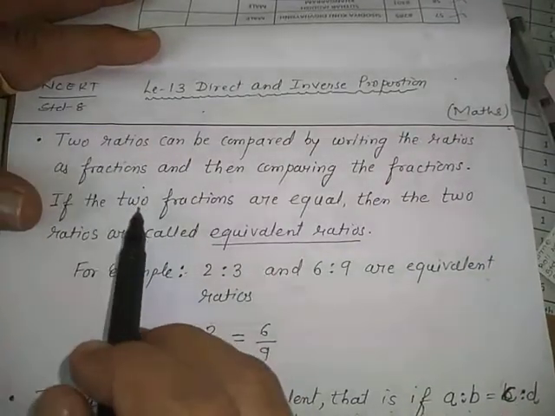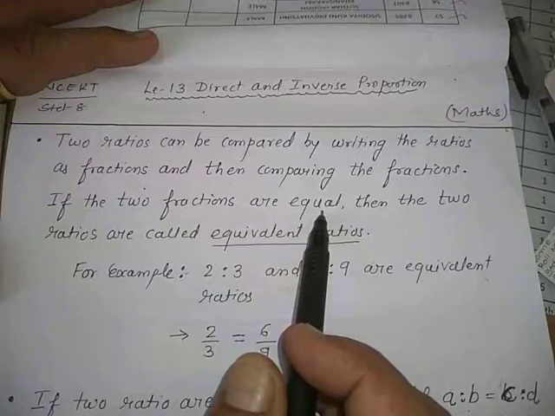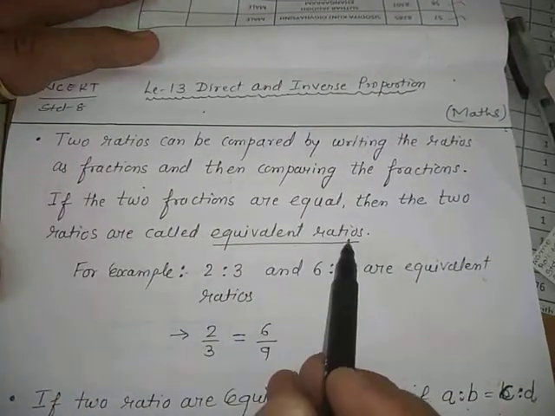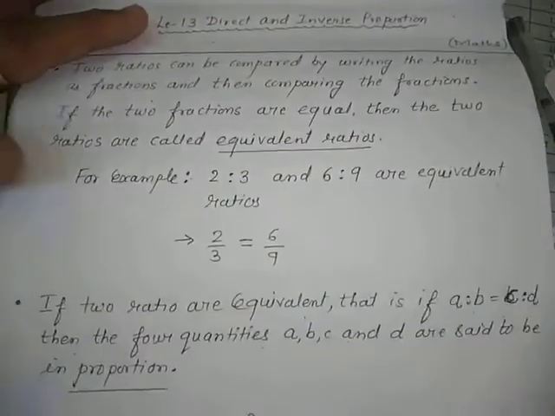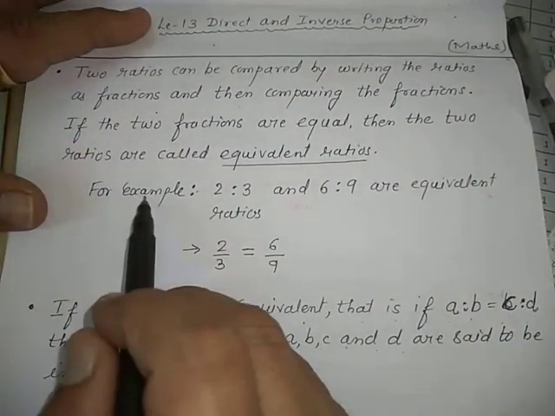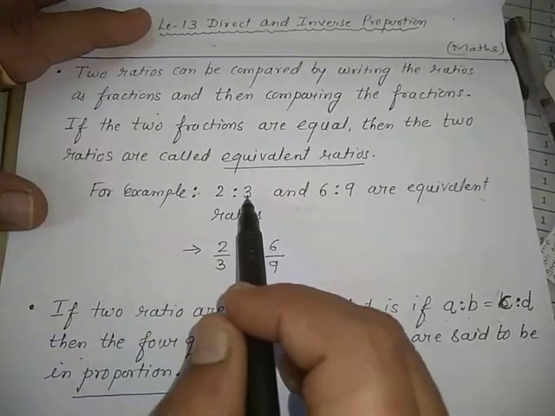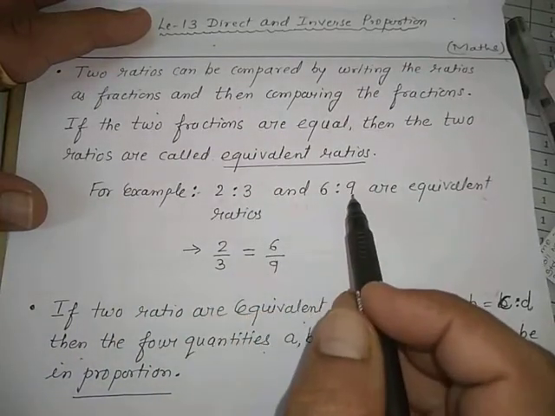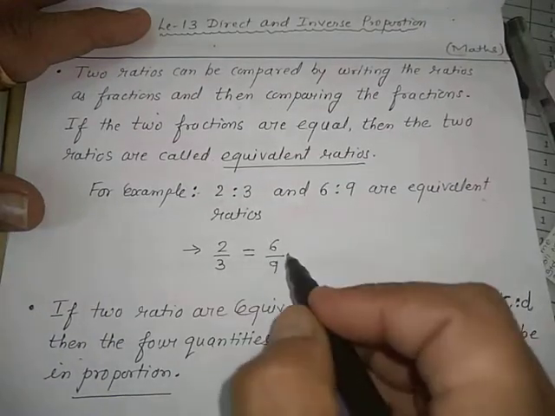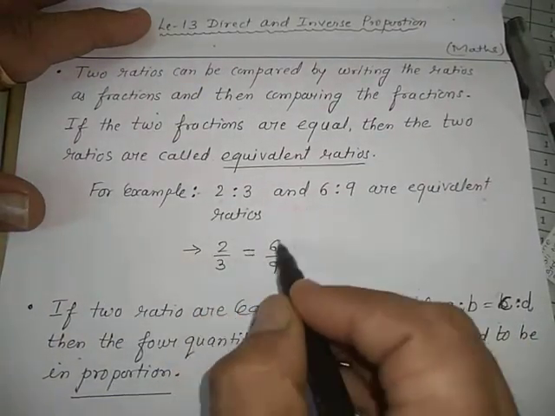If the two fractions are equal, then these two ratios are called equivalent. For example, 2:3 is one ratio and 6:9 is another ratio. If we compare these, you will find that 2 by 3 is equal to 6 by 9.